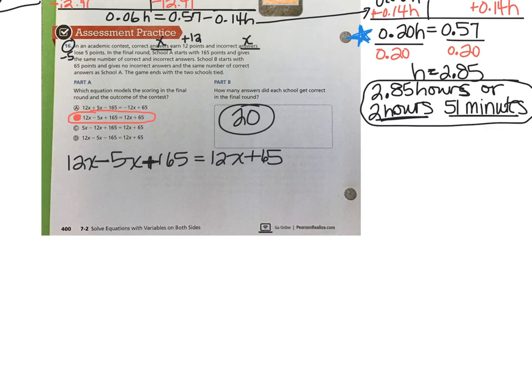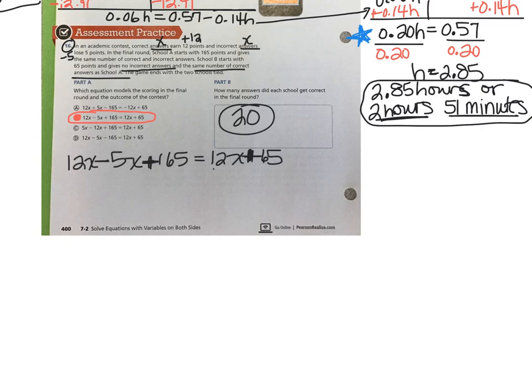Okay, and then what we see on the right side of that equal sign is school B. They already have the 65 points, that's why it's added in here. Okay, and it says they give no incorrect answers, and they have the same number of correct answers as school A. So that would be the 12x here that you see, since it's the same number.